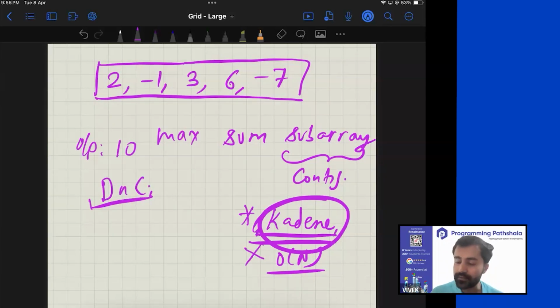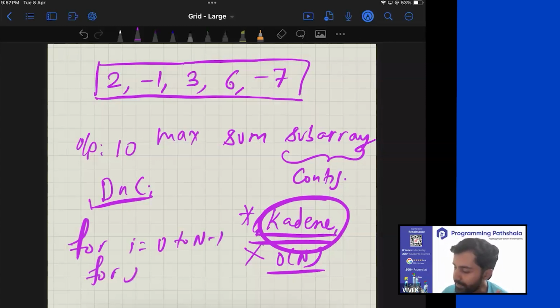Now, what could be the brute force way? Forget about using Kadane's, optimizing it. Let's say you have to solve this question using a simple brute force approach, how can you go about it? So yeah, two for loops, very good. You can write nested for loops: for i equals 0 to n minus 1, and for j equals i to n minus 1.